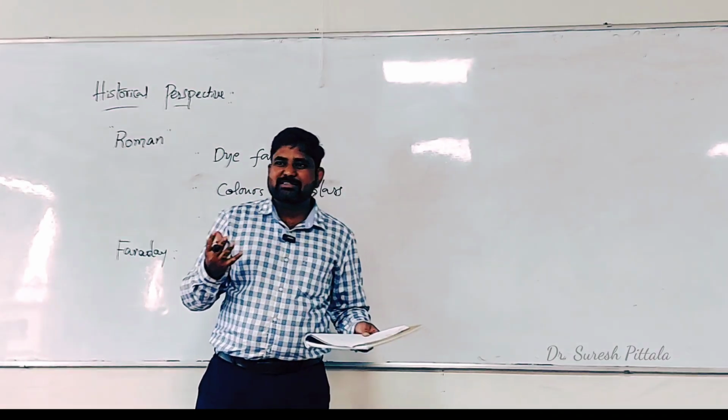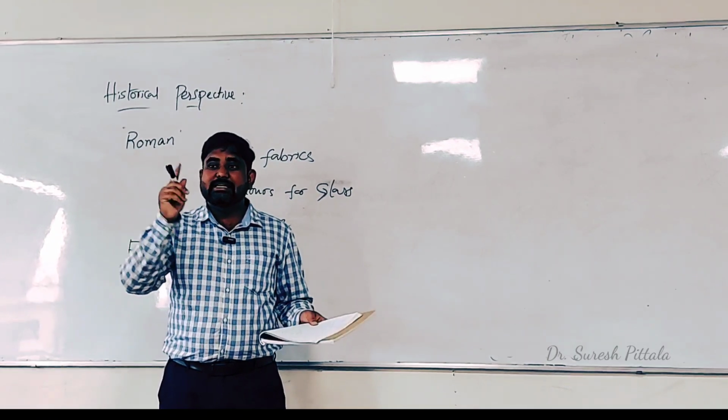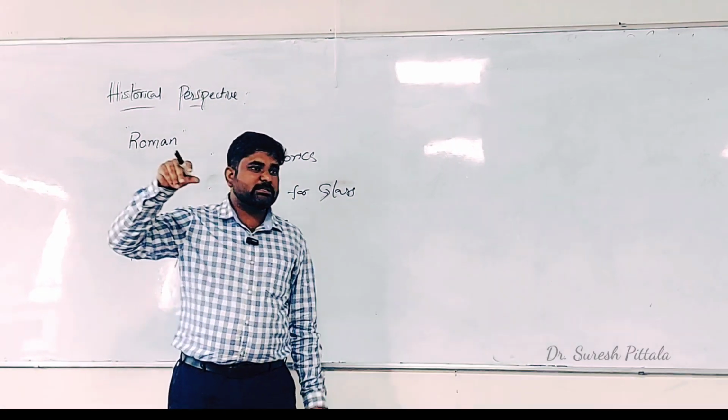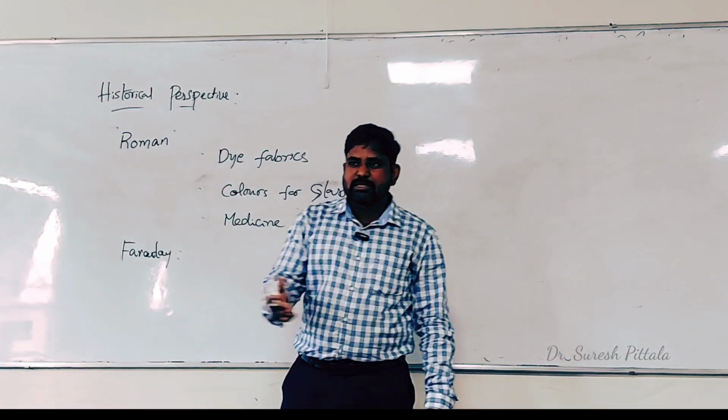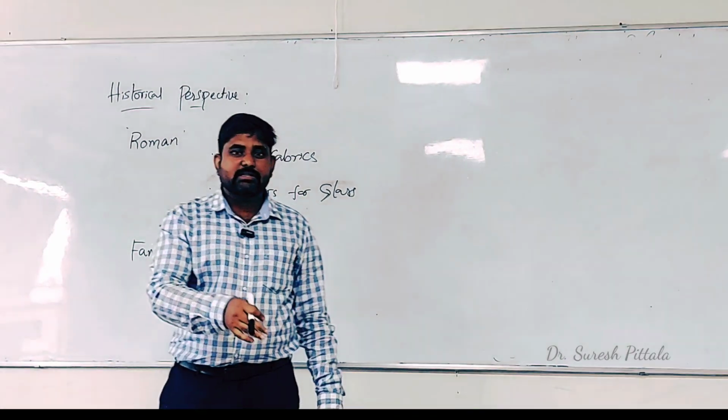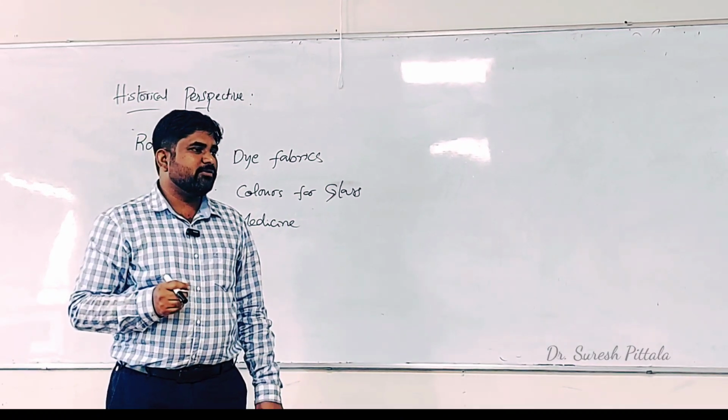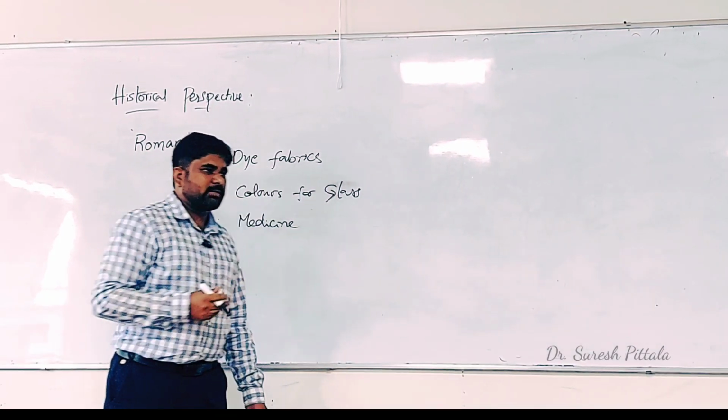But why are so many colors coming? He says the metal is divided. Divided means something is happening. As it is divided, the colors are changing. That's a beautiful observation about the nanoparticles.